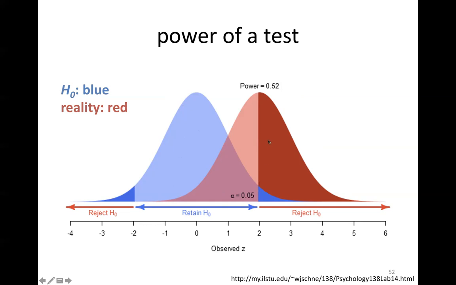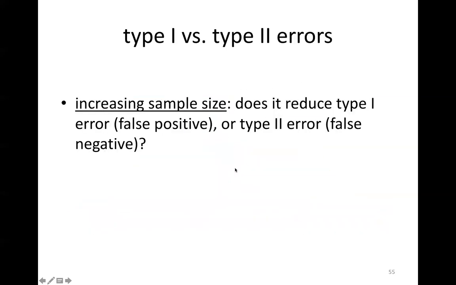Again, standard error is also a factor here. If we had larger sample sizes, then the distributions would be narrower and our power would be higher. Okay. This, I guess we already mentioned.